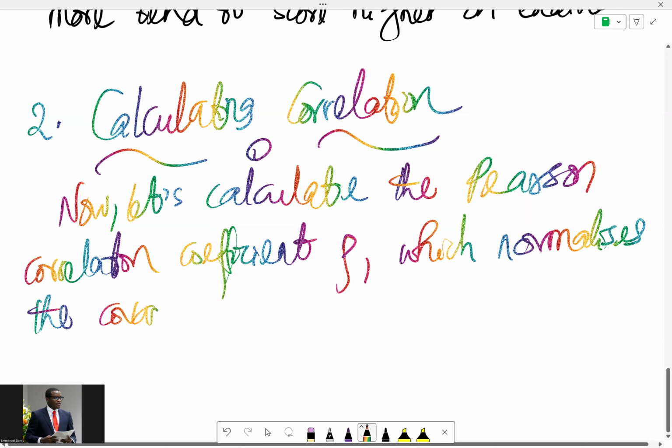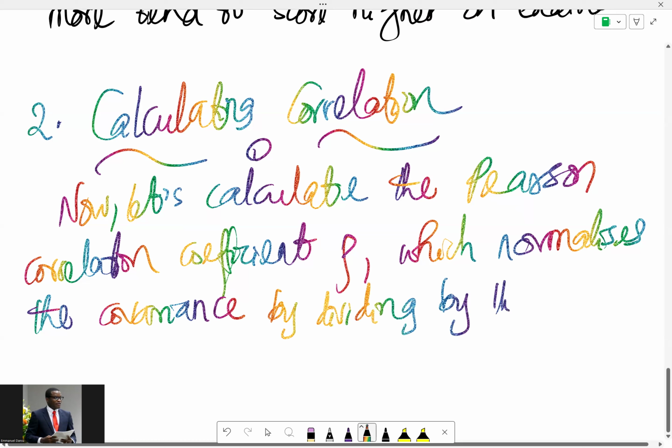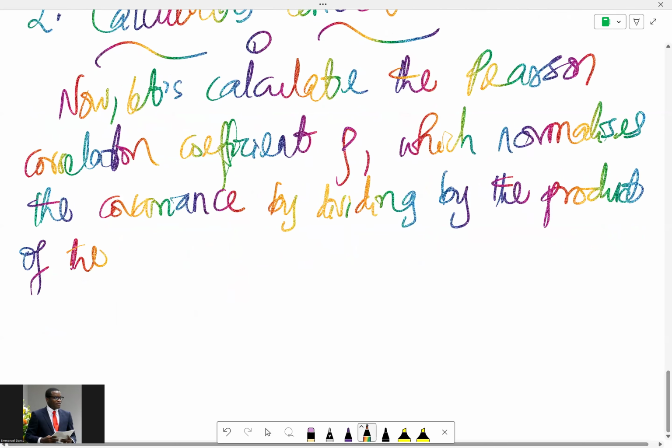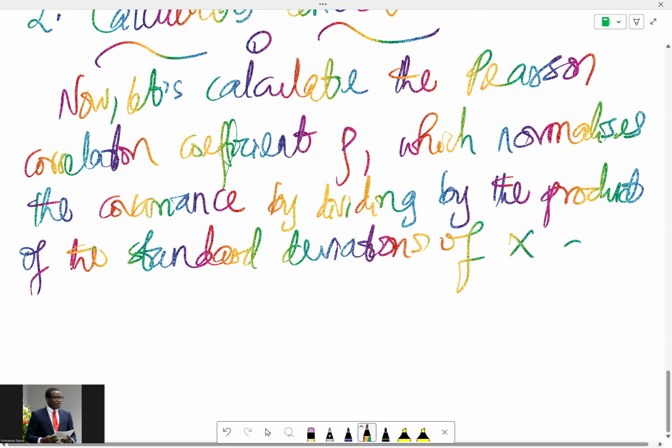It normalizes the covariance because we divide by the product of the standard deviations of x and y.